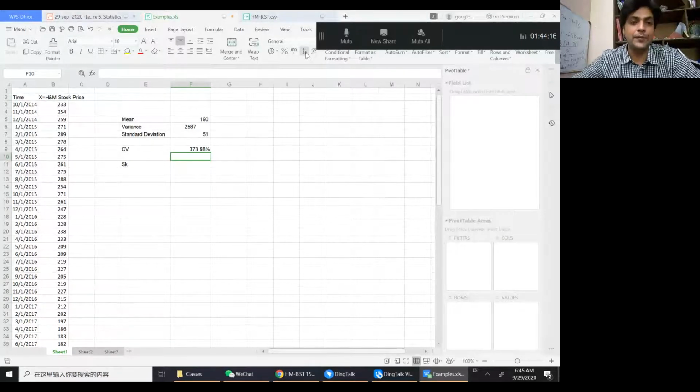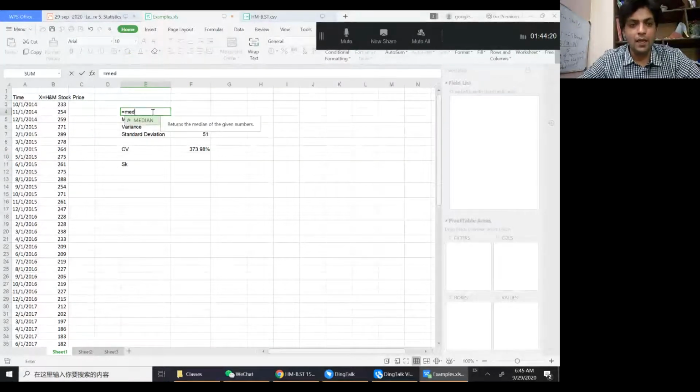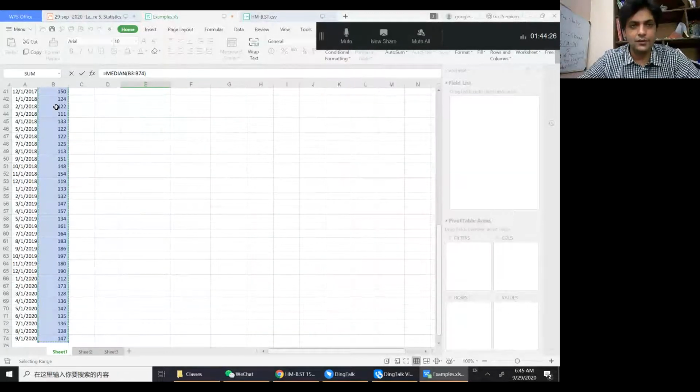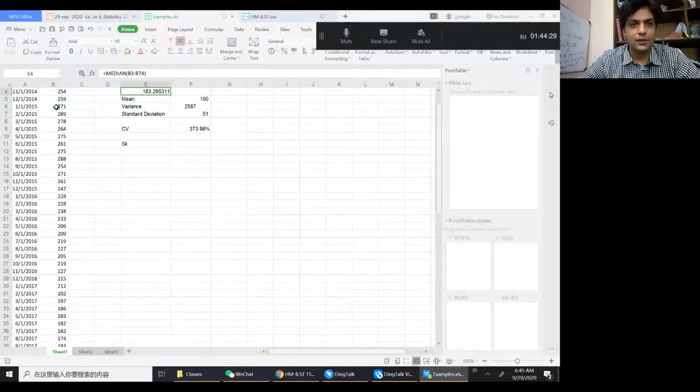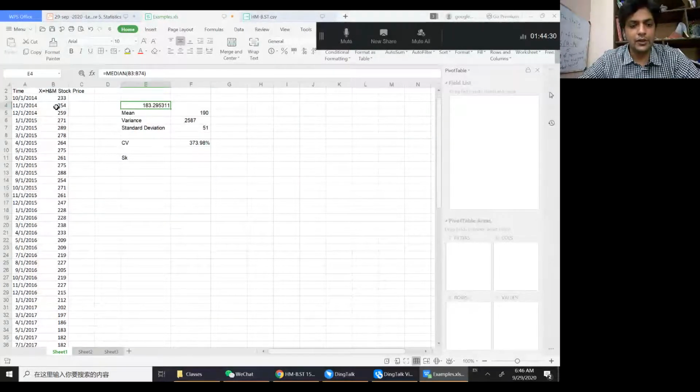Let's see. You just put the formula and you can get the median. So okay, we got the median as 183. So it means it's not symmetrical. That's for sure, because mean is not equal to median.